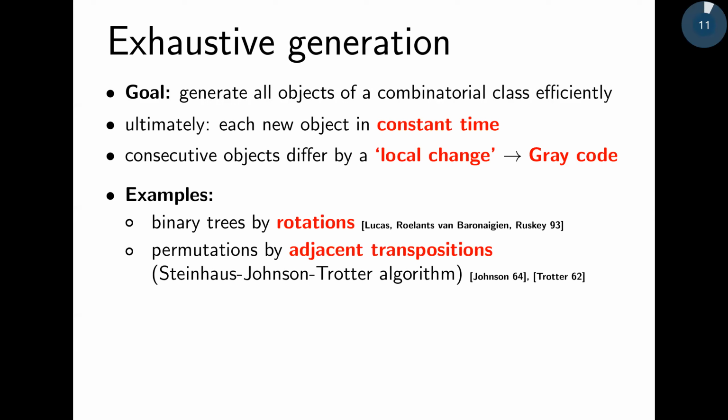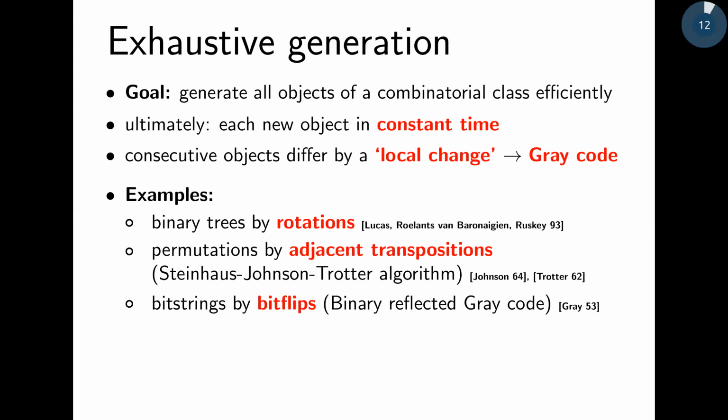Another classical result is the Steinhaus-Johnson-Trotter algorithm, which allows you to generate all permutations of a certain ground set, and in each step you only apply one adjacent transposition, so you transpose two neighboring elements in the permutation. Another classical result is, of course, the binary reflected Gray code, which allows you to generate all binary strings of a certain length, and in each step you just flip a single bit.